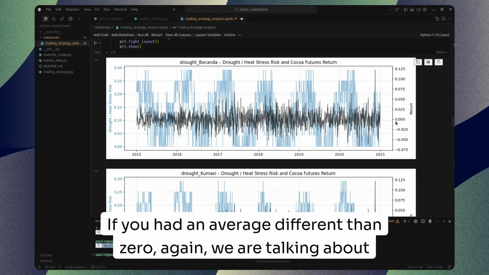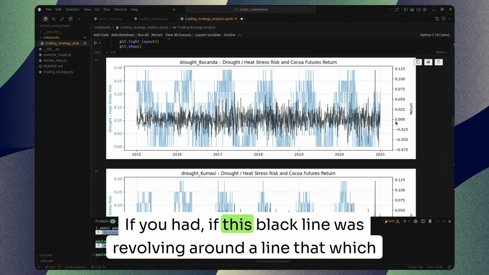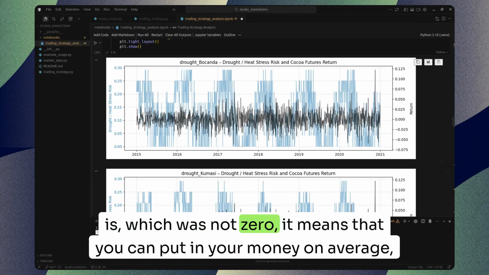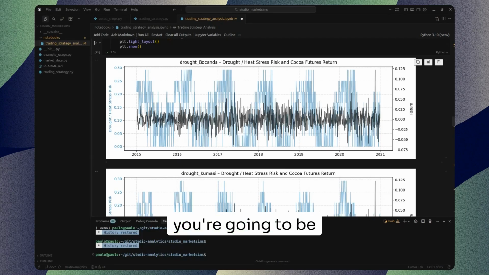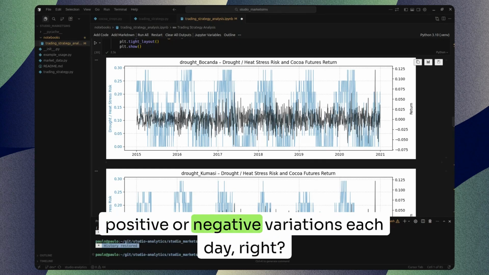If you had an average different than zero, again we are talking about the market efficiency hypothesis. If this black line was revolving around a line which was not zero, it means that on average you would be making free returns, because on average that asset is just getting positive or negative variations each day, right?